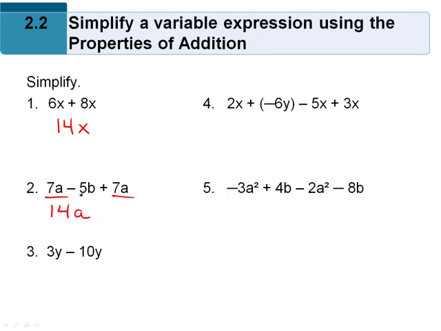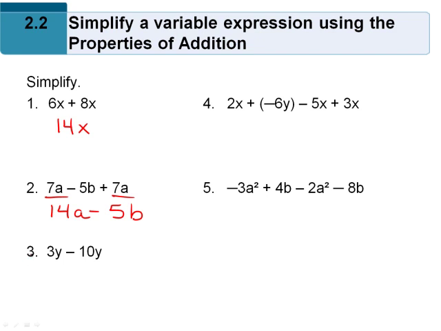Now, there's no other b terms, so you just bring down minus 5b. And then you look and you see, okay, are those like terms? No. So that's your answer. So some of your answers are going to look kind of weird because it may not come out to be just a single term. It may be 2 terms or 3 terms or more, but you only combine the terms that are like terms, same variable part.